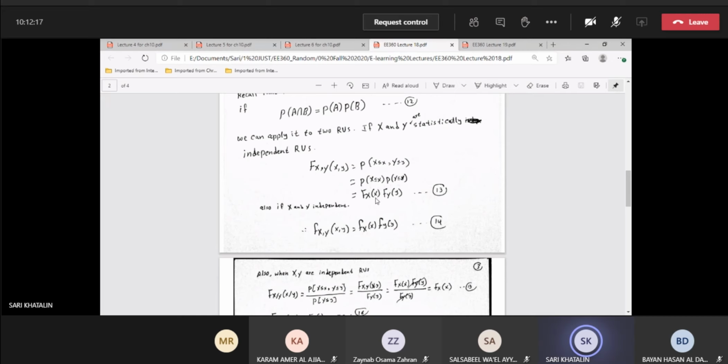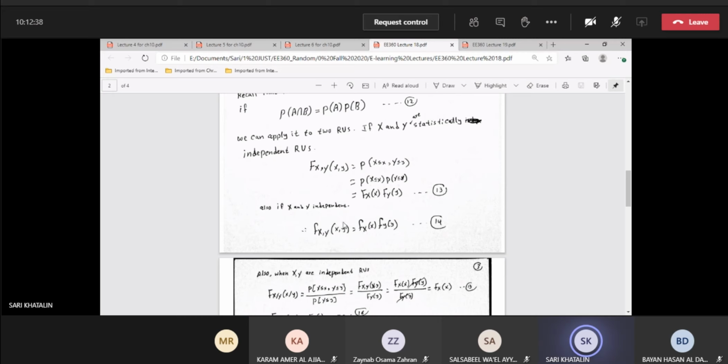So if that's valid, if we take the marginal CDF of x times the marginal CDF of y, and the end result equals the joint CDF, it means x and y are independent.